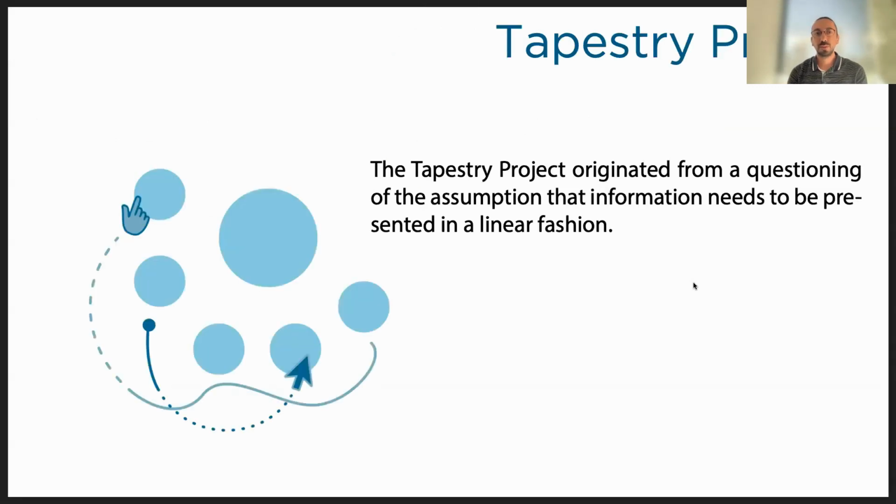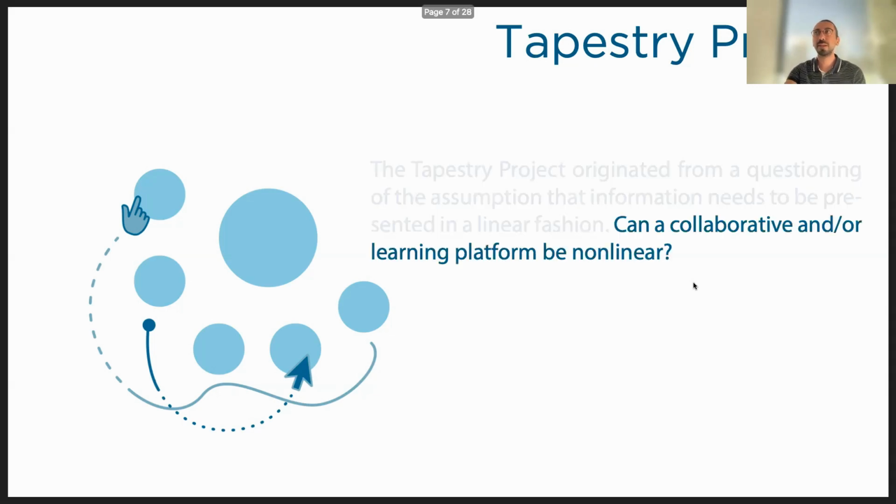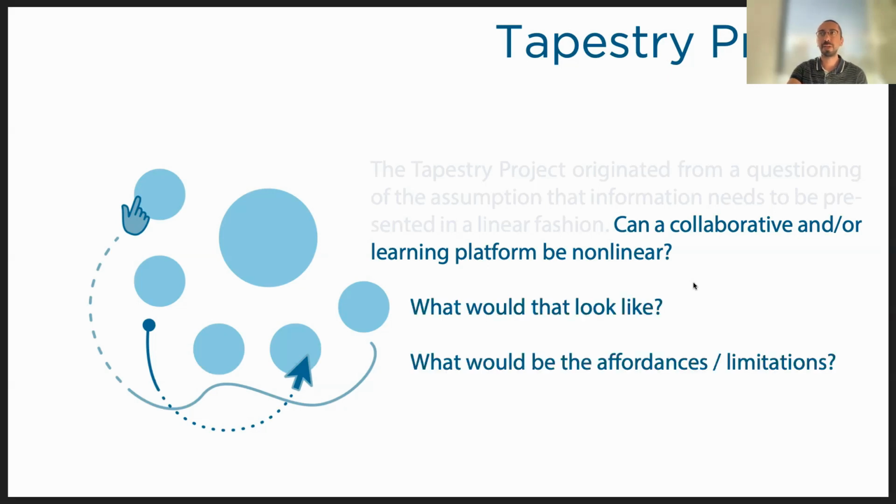So where did Tapestry tool start? This was Stephen Barnes. He had this idea of questioning the assumption that information needs to be presented in a linear fashion, and also thinking about whether a collaborative or learning platform can be non-linear, and what that would look like.